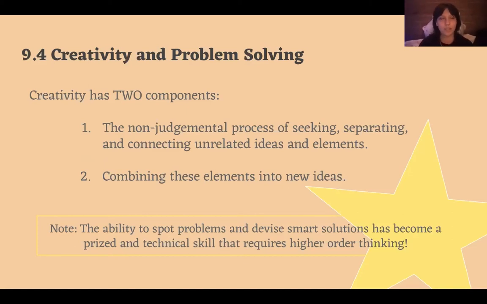I guess what I really just want to emphasize is that creativity is a really big non-judgmental process because it's the process of coming up with vulnerable ideas that are out of the ordinary with your group. So it's really important as a group member to be non-judgmental while your group is expressing these out of the ordinary ideas.